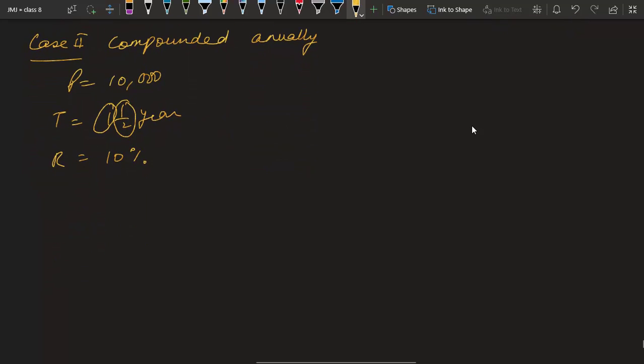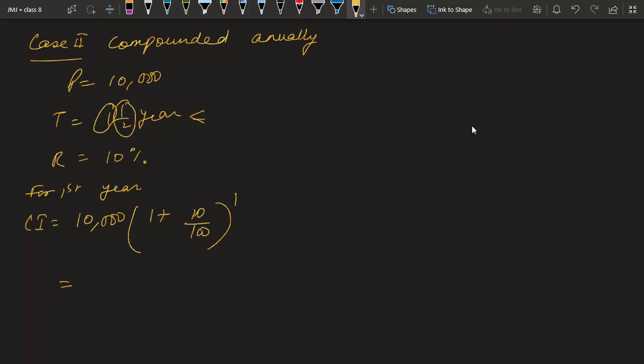The CI is given by P, 10,000 into 1 plus 10 upon 100, whole power 1. This I am doing for the first year. Because whenever time is in fraction and the case is of compounding annually, we find like this only.